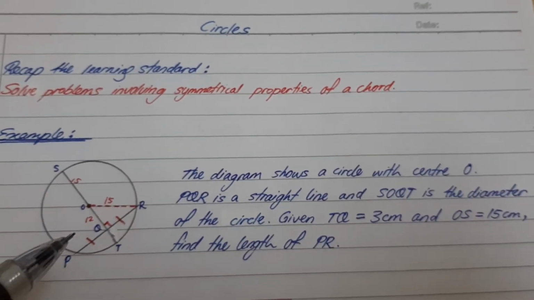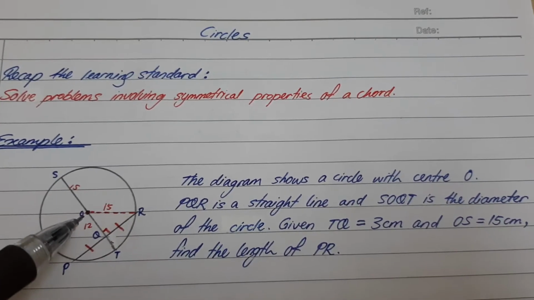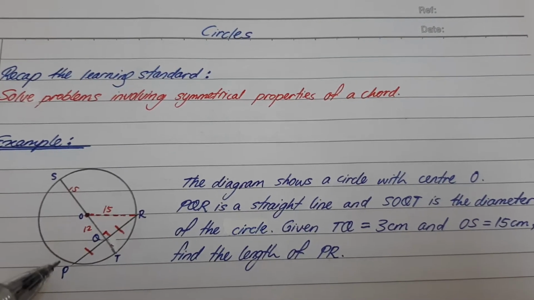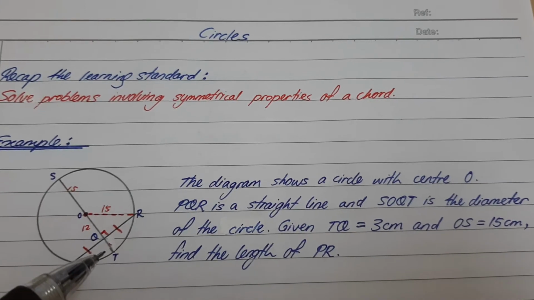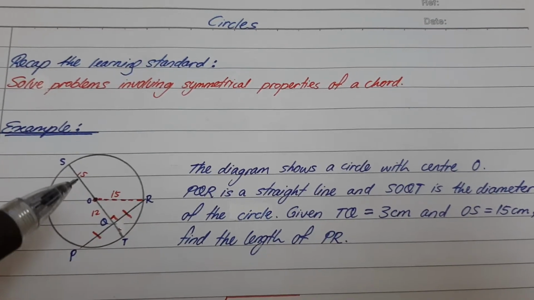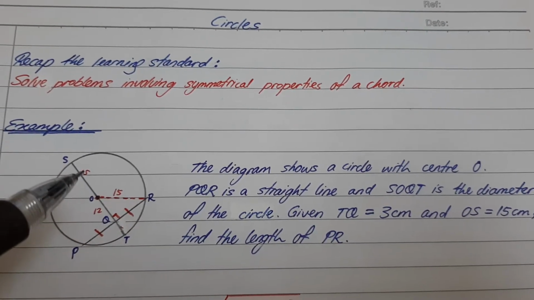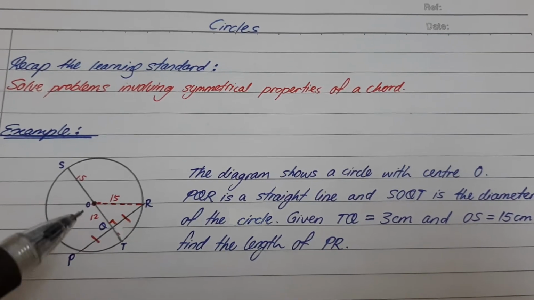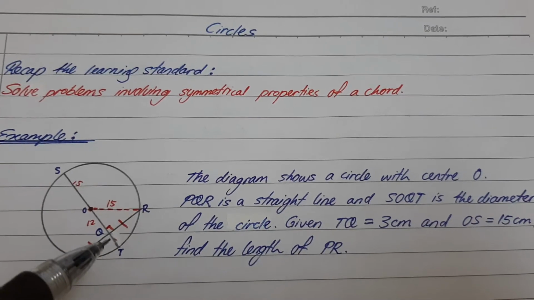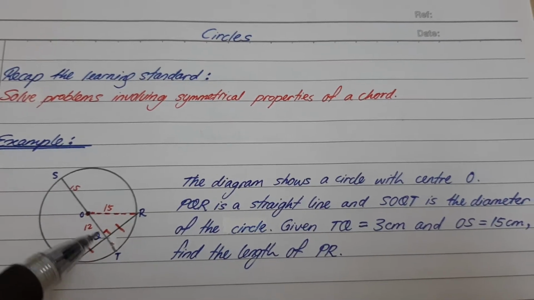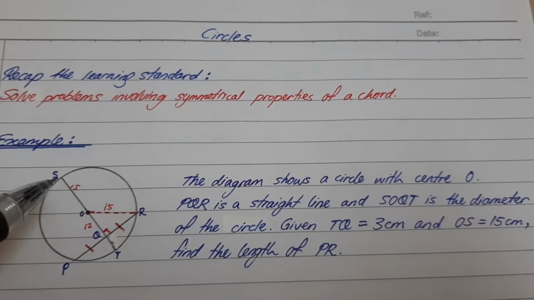The diagram shows a circle with center O. PQR is a straight line and SOQT is the diameter of the circle. Now, ignore the red lines; the one written in red ink is actually the working. If you see the diagram, TQ is 3 centimeter and OS is 15 centimeter.